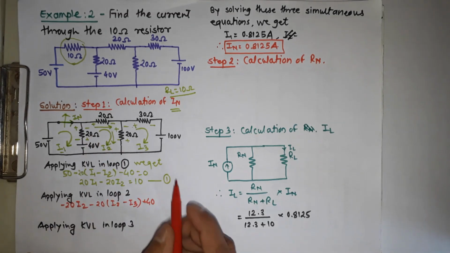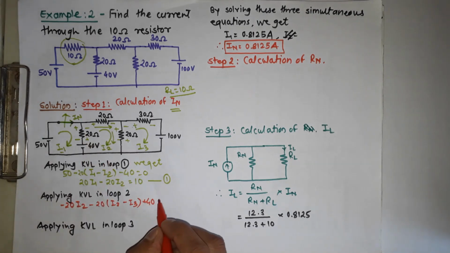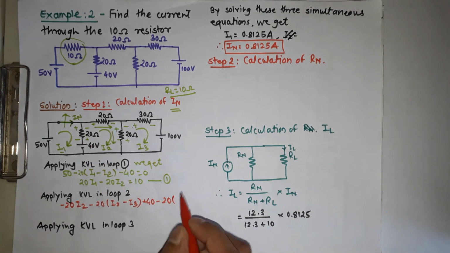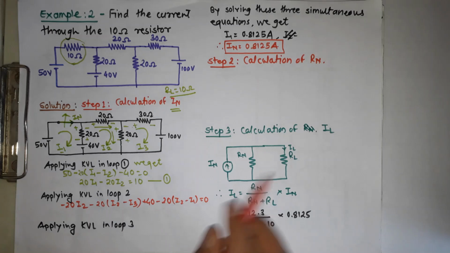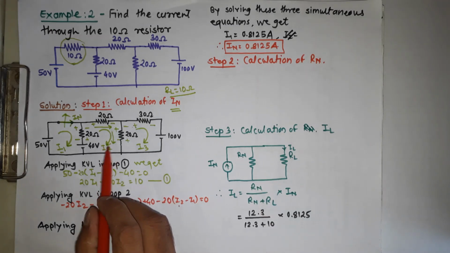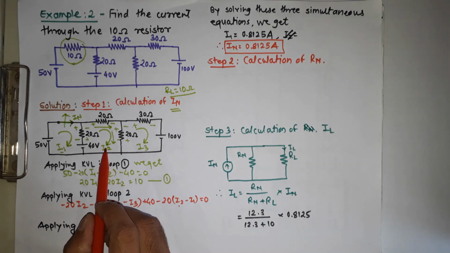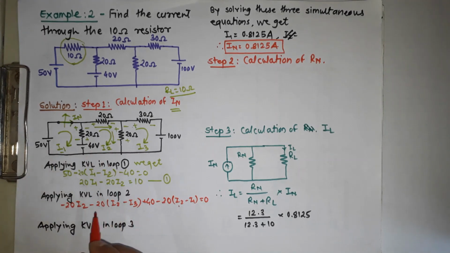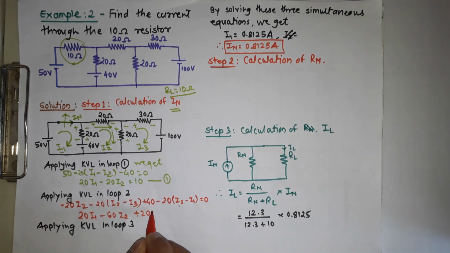Then for this 20 ohm it is plus to minus, so it is minus 20 (I2 minus I1) is equal to 0. Here we consider I2 first because it is the second loop. By simplifying this we get the equation 20 I1 minus 60 I2 plus 20 I3 is equal to minus 40. This is the second equation.